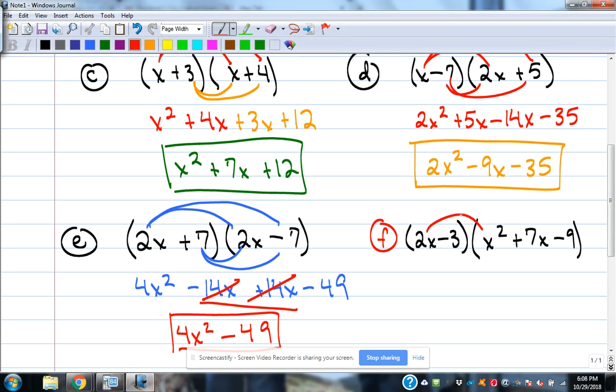So 2x times x squared, 2x cubed to the third. Yeah, gotta add that exponent. Gotta be careful of that. That's where mistakes can happen, is those exponent additions and the signs. So then 2x times 7x plus 14x squared. 2x times negative 9.